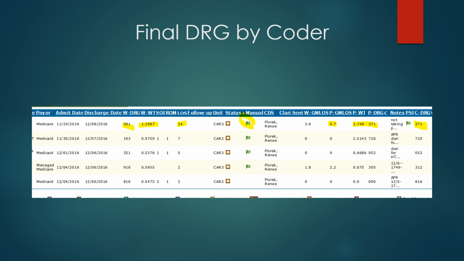The unfortunate thing is that the possible length of stay of 5.7 is still way lower than the length of stay the patient was here, obviously. It's not always going to be that way, but it does show that we impacted the chart.